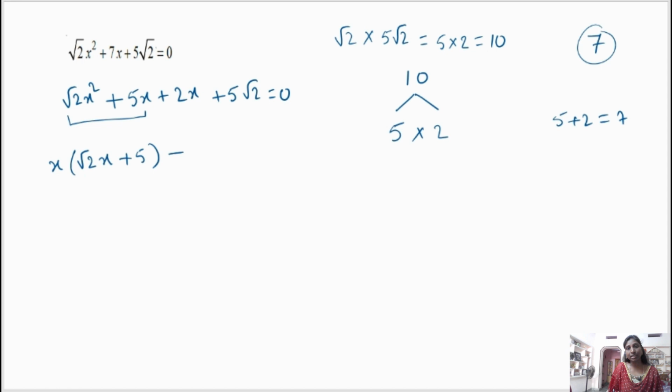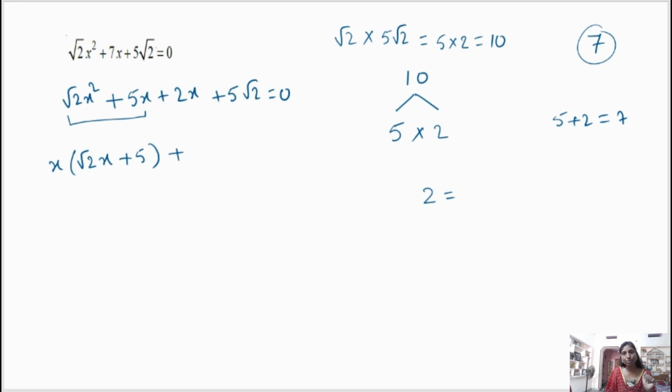Now here what is common? It seems that nothing is common, but here also something is common. What is that? See, 2x, here you can see 2, and in 5 root 2 there is also 2.